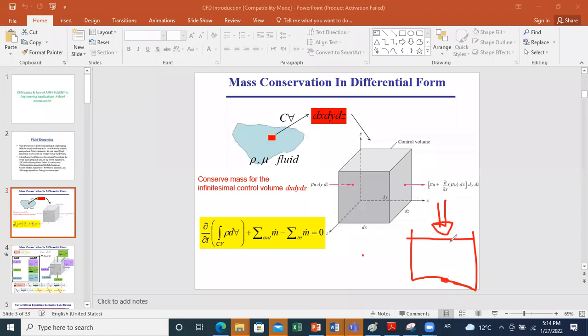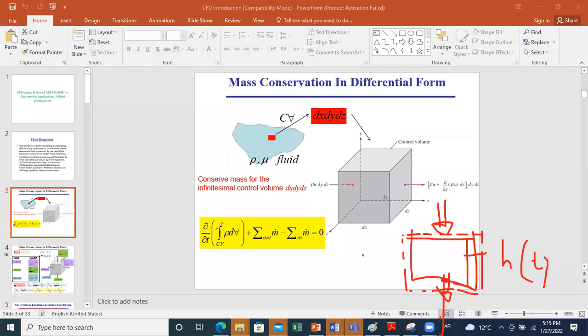If you want to know how the level of water in your reservoir is varying with time, there is no need to do a micro scale analysis. You will consider your control volume as the whole reservoir, and to know how the height of water is varying, I should do a balance between inlets, outlet, and storage.